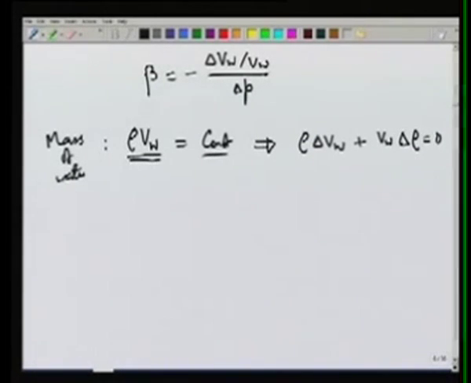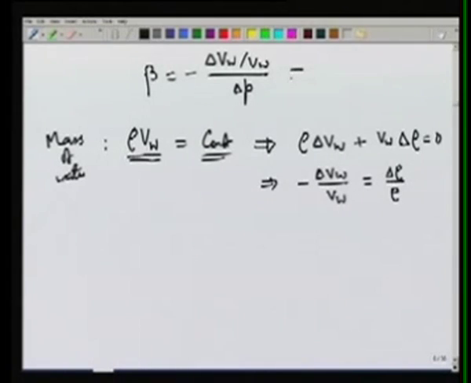So if this is not changing, then the sum of these two changes should be equal to 0, and from here we can find out that the term minus delta VW over VW will be equal to delta rho over rho.